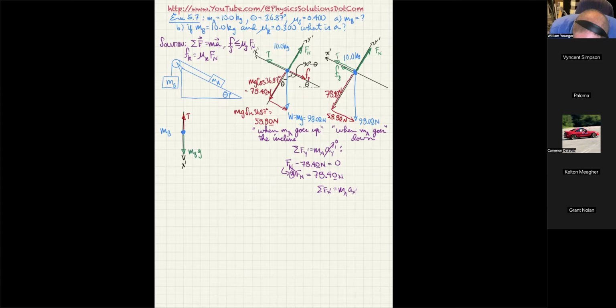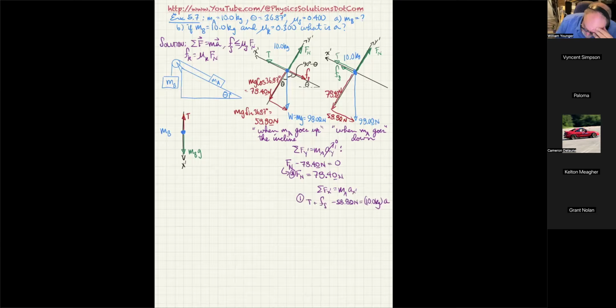So that's going to be T plus F static minus 58.80 newtons is equal to 10.0 kilograms times A, because that's the only acceleration we're going to be dealing with, so I don't need to subscript that either. So let's call this equation 1.